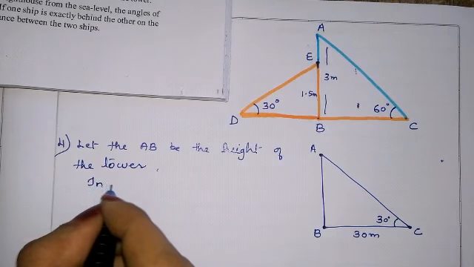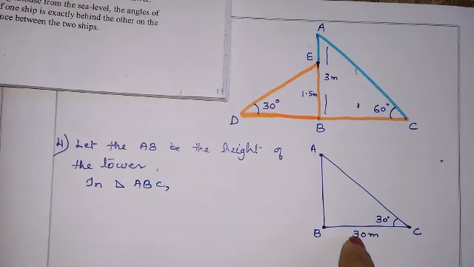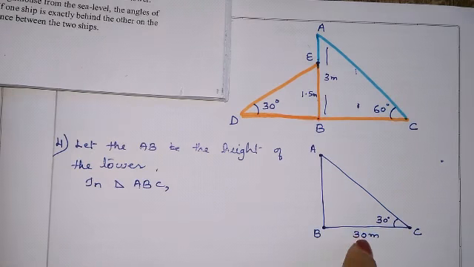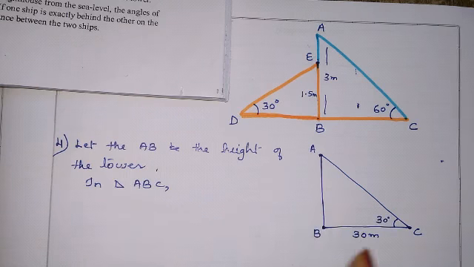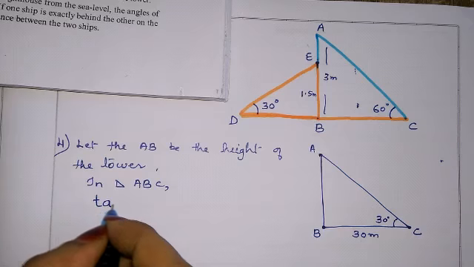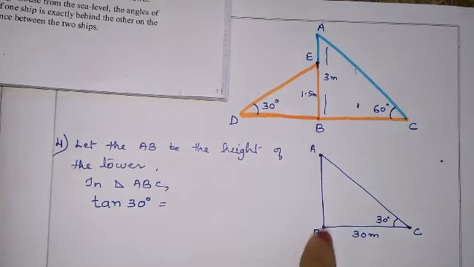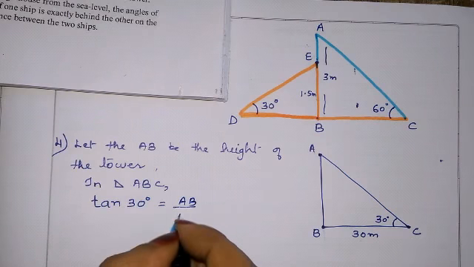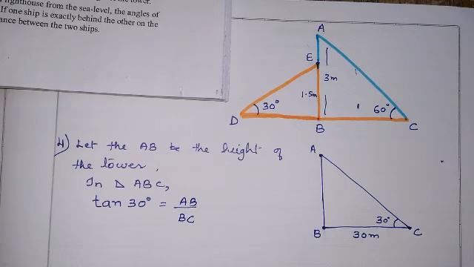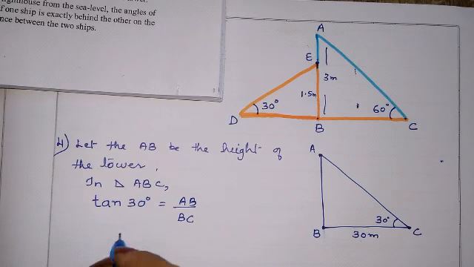Now let us start. In triangle ABC, adjacent given, opposite we want. So tan 30 degree is equal to opposite AB upon adjacent BC. Tan 30 is 1 by root 3.